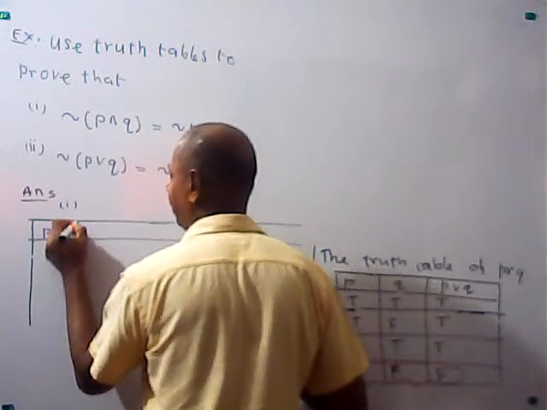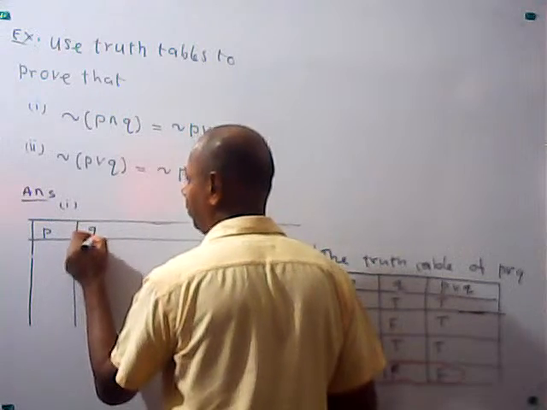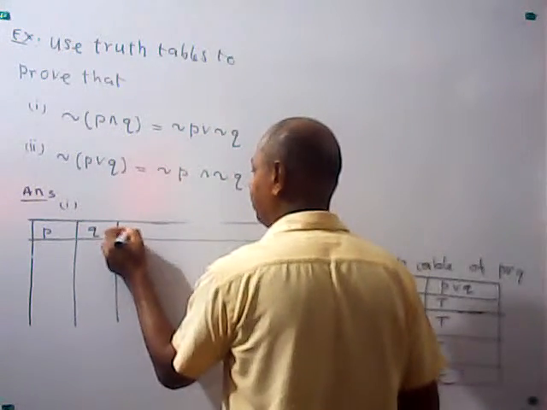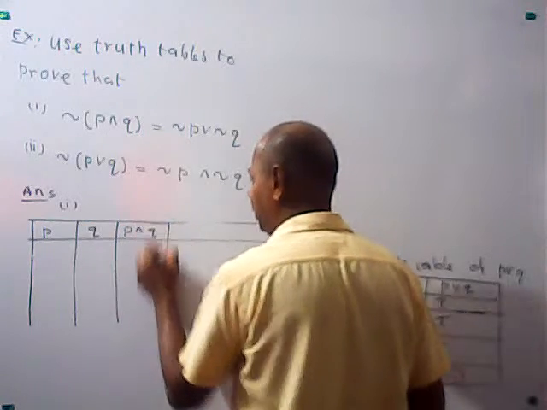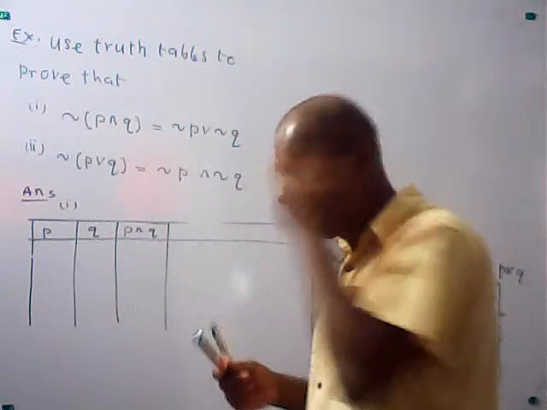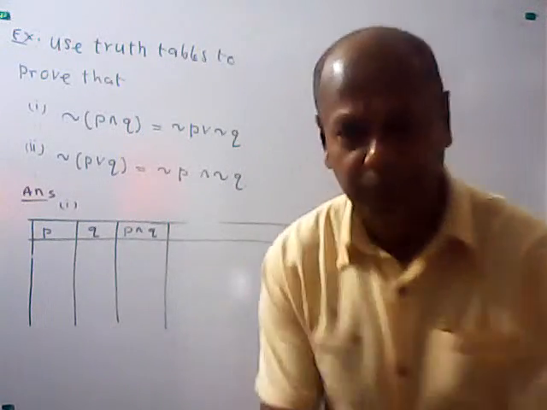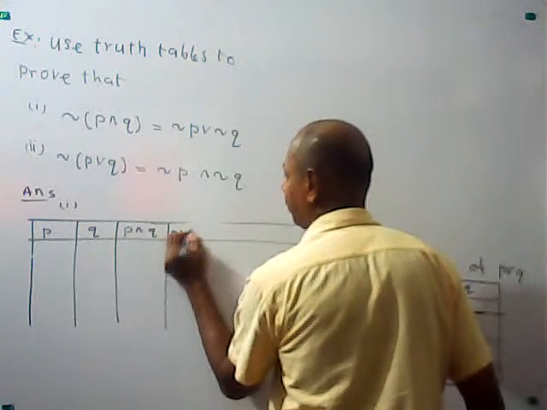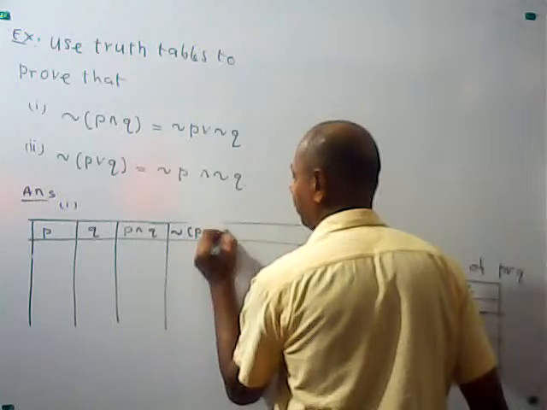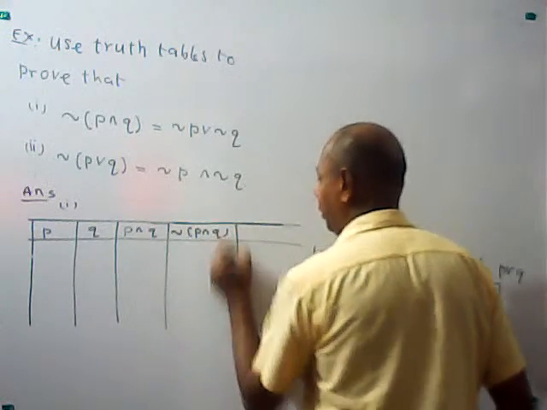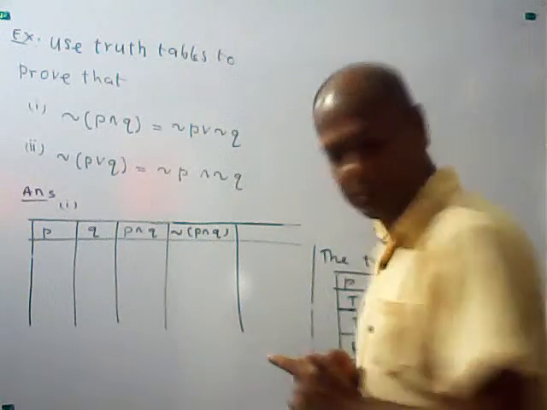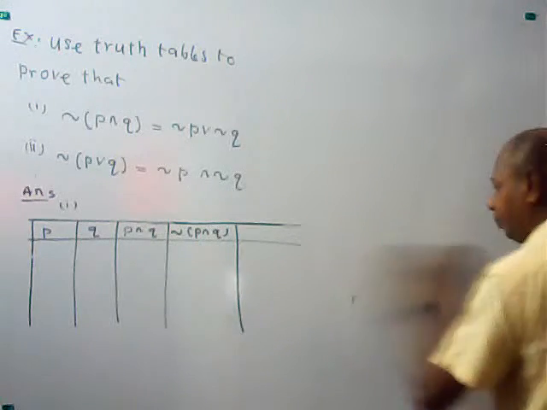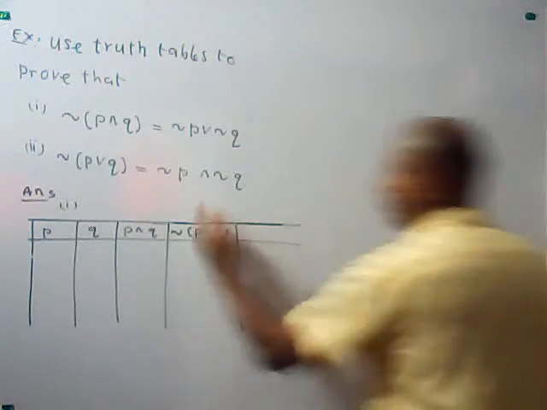P, Q, then P and Q. Then you can find the not of that. You can find the not of P and Q. That is for the left side.